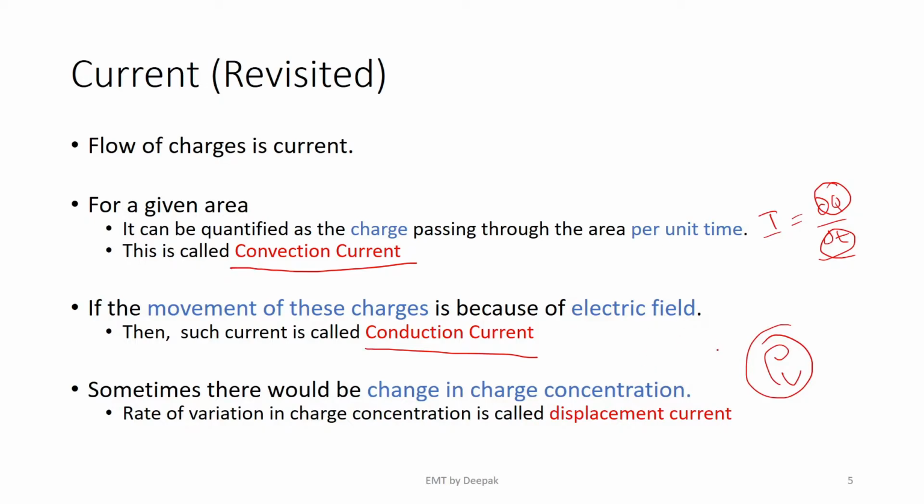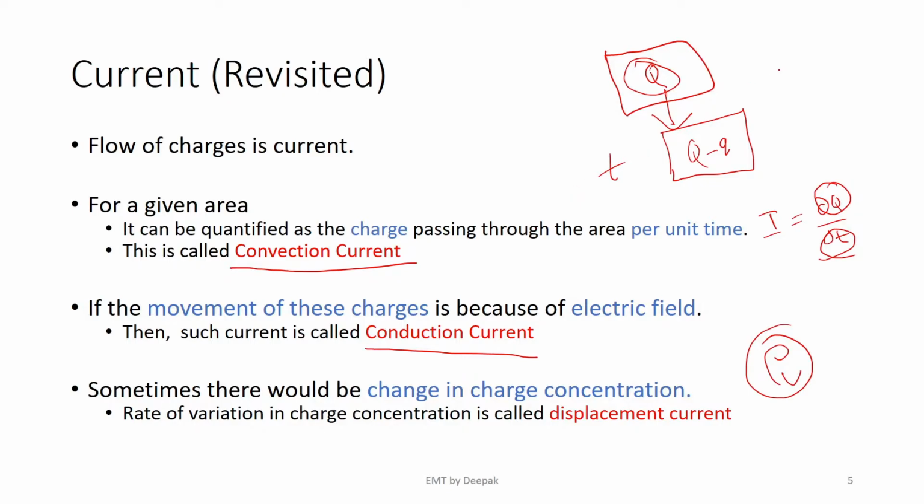That means a body which earlier had some more charges, for example, say Q, after some time, the charges inside the body have gone down by some small q after time t. Earlier the charge was Q. Now the charges have gone down.